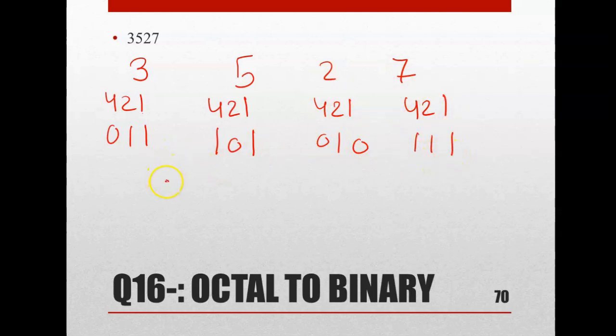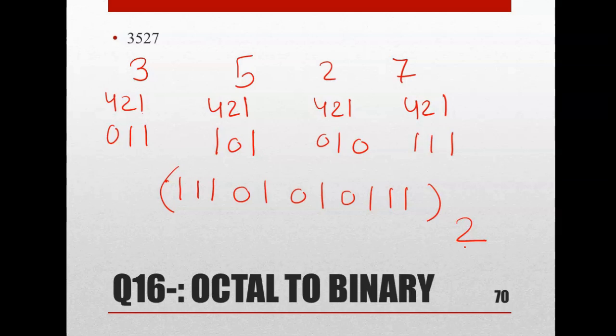Write them together. So you can just ignore the initial 0 if you want. So it would be something like triple 1 0 1 0 1 0 1 1 1, and this is in binary form. Okay, so it's quite easy to convert octal to binary.